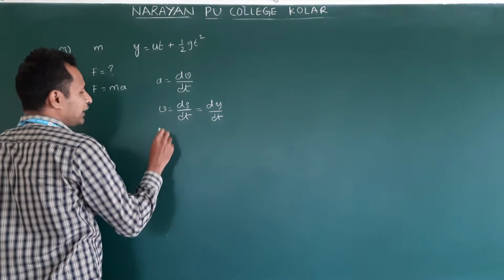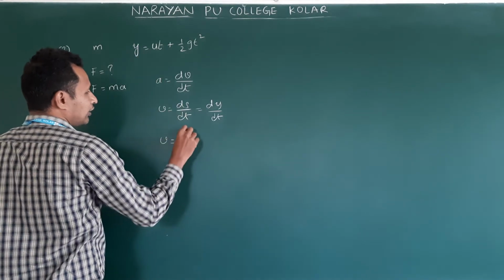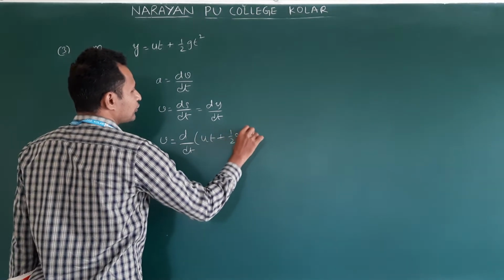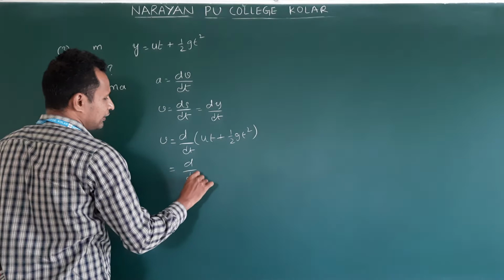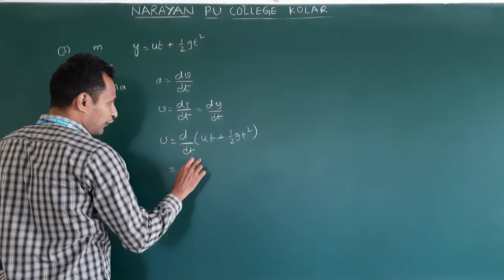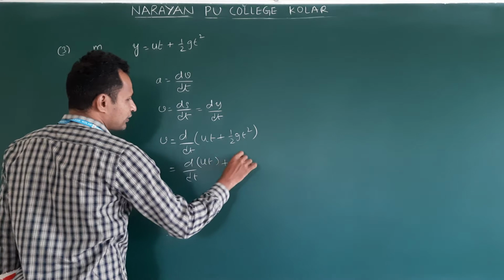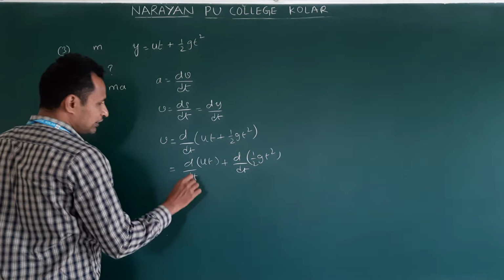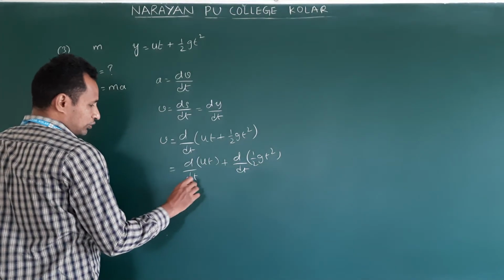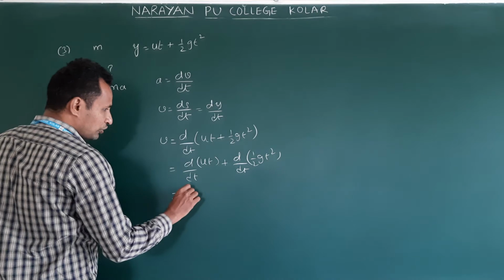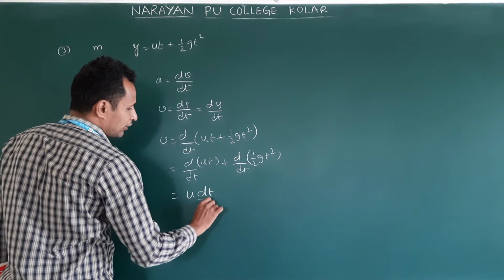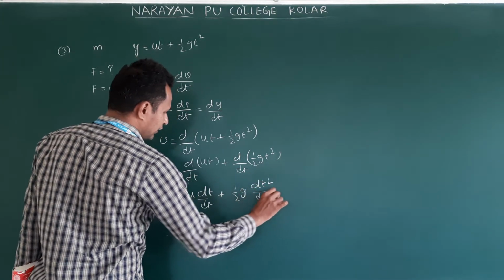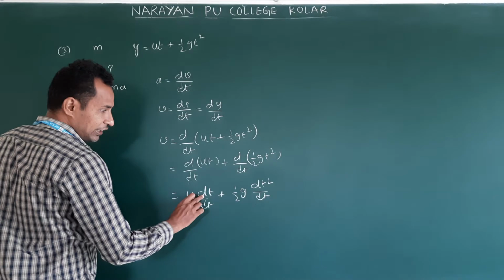First I am finding v by differentiating this equation: d by dt of (ut plus half gt square). We write it separately: d by dt of ut plus d by dt of half gt square. u is not related to t, so u goes outside: u dt by dt, plus half g outside, dt square by dt.